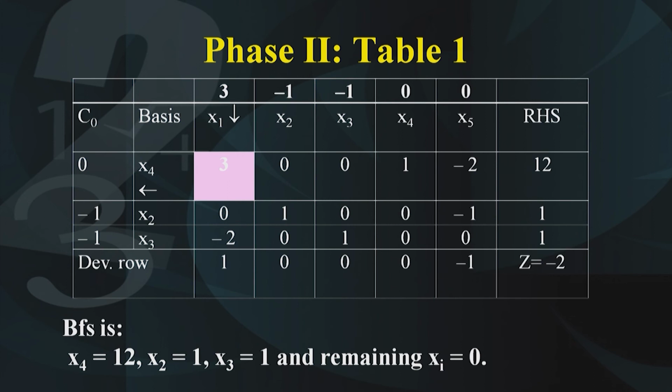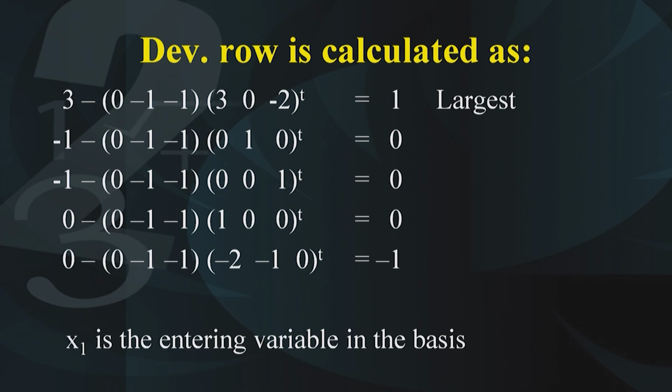And how are they calculated? Let us see. Yes, here they are. They are calculated as usual: 3 minus (0, minus 1, minus 1) multiplied by (3, 0, minus 2), which comes out to be 1. Similarly, minus 1 minus (0, minus 1, minus 1) multiplied by (0, 1, 0), which is 0.